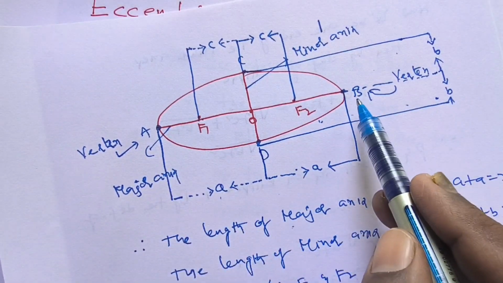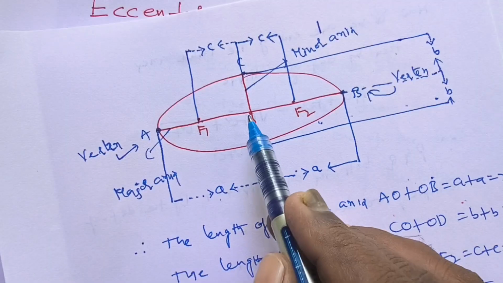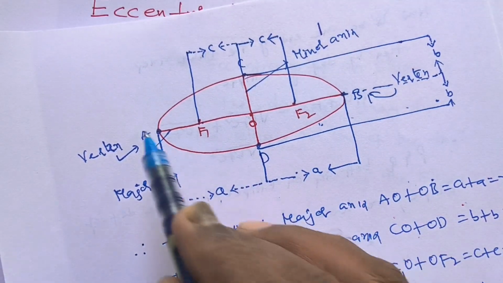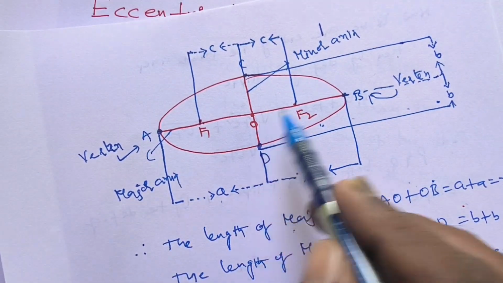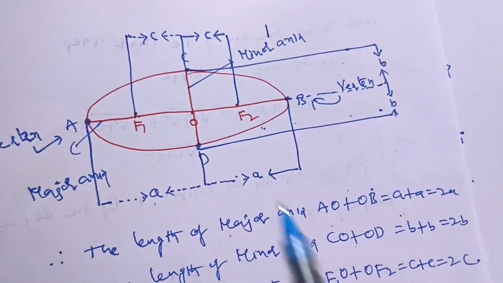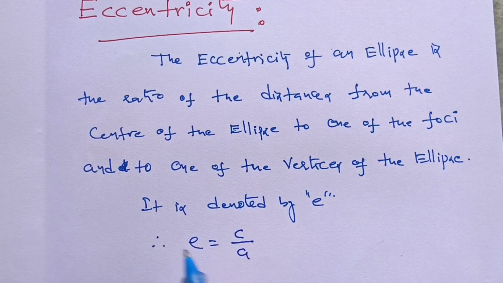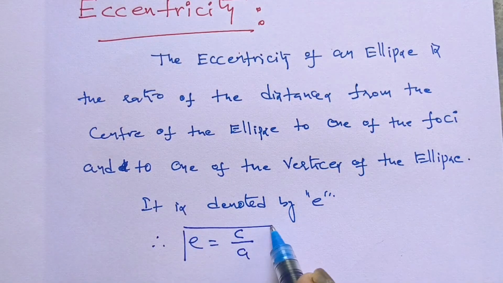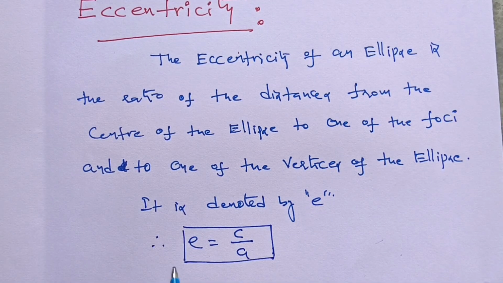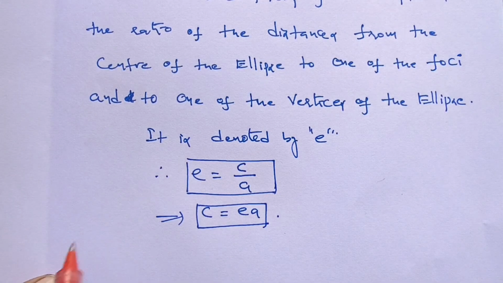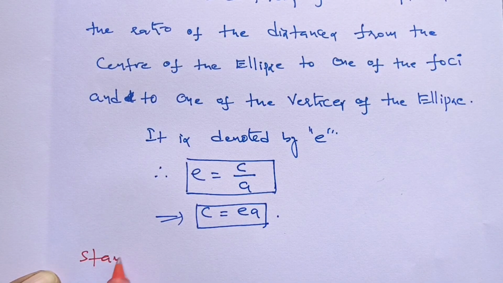And one of the vertices of the ellipse, from center to A, O to A or O to B, is the distance from center to any one of the vertices. It is denoted by a. So it is the ratio of c and a.